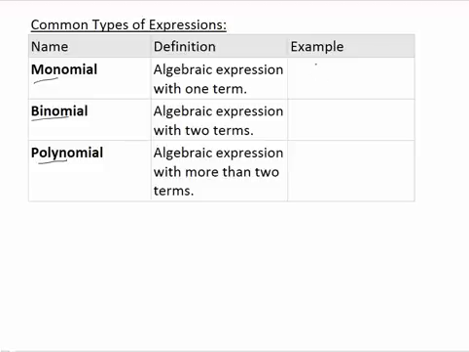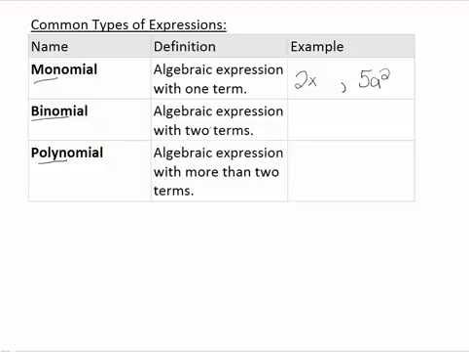An example of a monomial, an algebraic expression with only one term, would be something like 2x or 5a squared. We know these are monomials because this one term consists of a numerical coefficient and a variable coefficient.